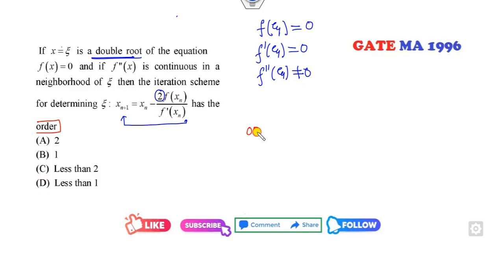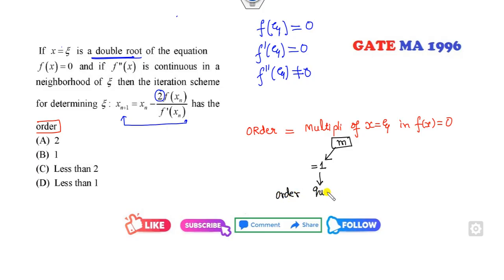So remember, always, the order of convergence is determined by the multiplicity of the root. The root in this case is x equal to xi in f of x equal to 0. As I told you, if this multiplicity m is 1, then the order is quadratic. If this multiplicity is greater than 1, then the order is linear.